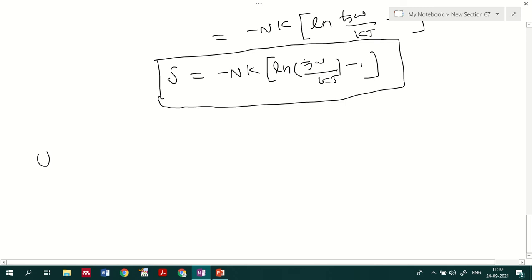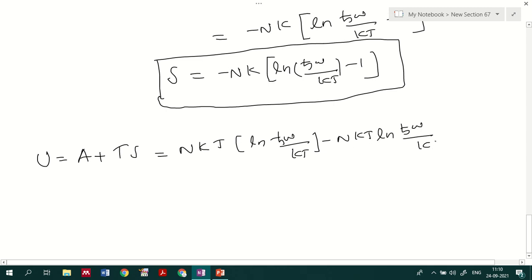Once you get the entropy, you can find the internal energy from Helmholtz energy plus Ts, A plus Ts, that is equal to nkt ln h cross omega by kt minus nkt ln h cross omega by kt plus nkt.